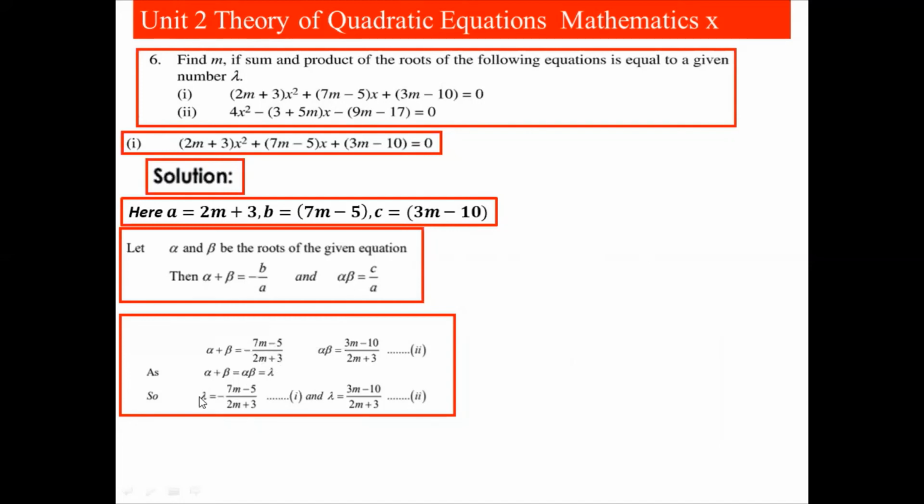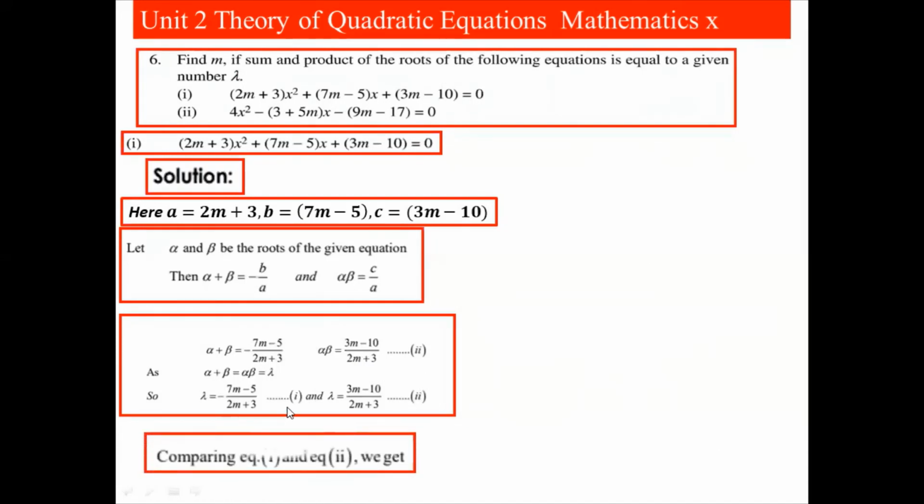Also we can write lambda in terms of the product of the roots. So product of the roots is 3m minus 10 divided by 2m plus 3. So this is equation number 1, and this is equation number 2, and you have to ignore this one. This is not an equation number.